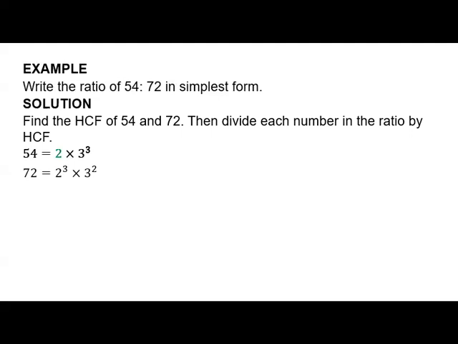And you also realize that between 54 and 72, 3 is a common base, but you normally take the base with the lowest exponent. So even though 3 is common, we will simply take 3 squared, which is a factor of 72. So my highest common factor will be 2 times 3 squared, and that is 18.